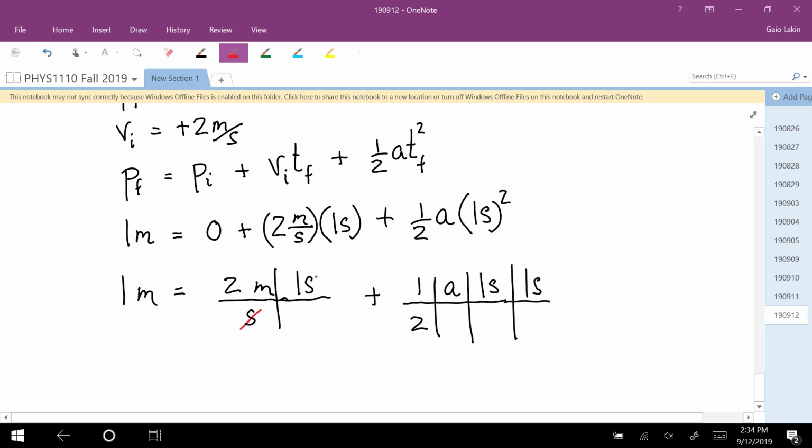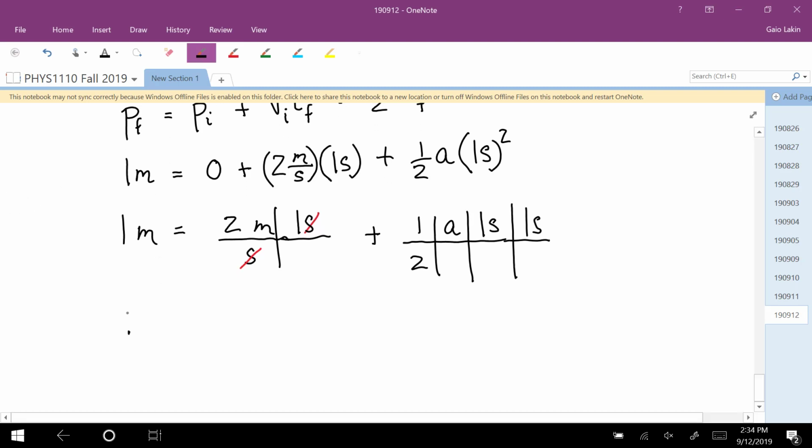These seconds cancel out. And so we get 1 meter is equal to 2 meters plus 1/2 seconds squared times A.